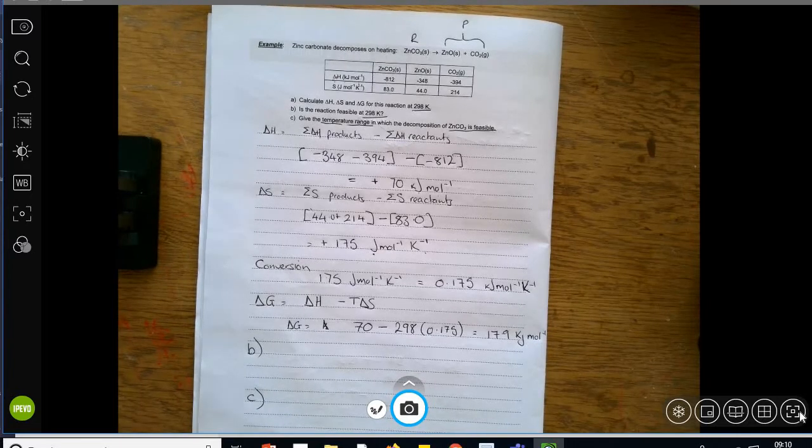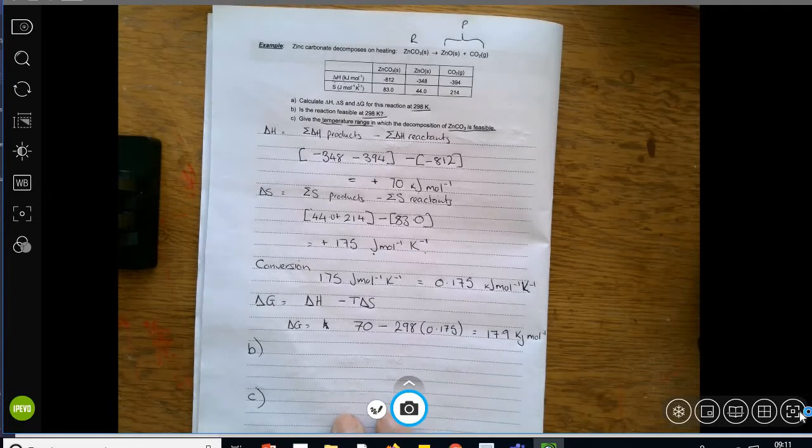Okay, so just checking that, is that right? I'll let you have a think about that, because what would the units for delta G be?